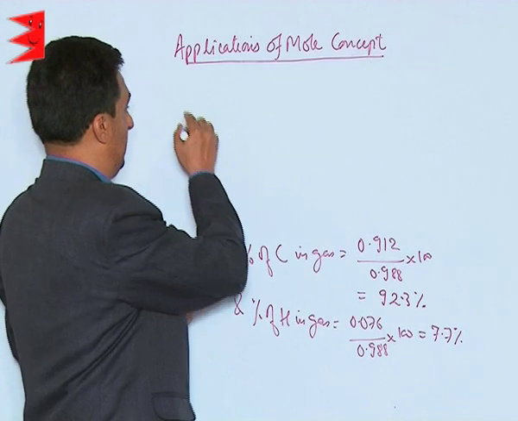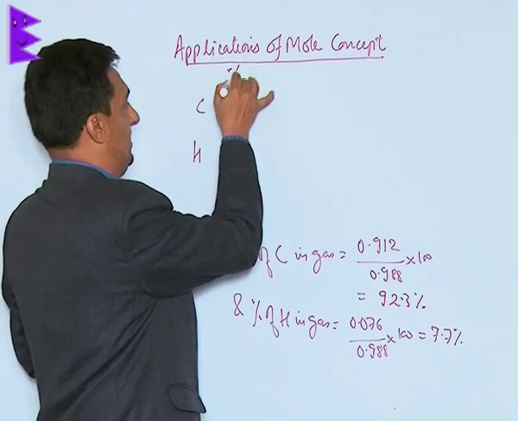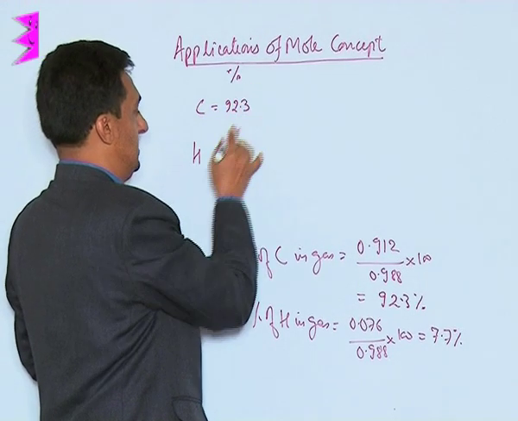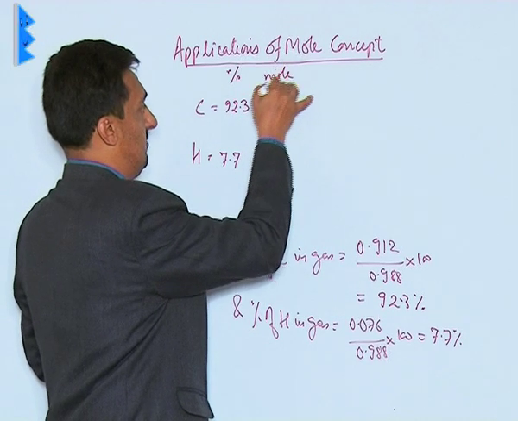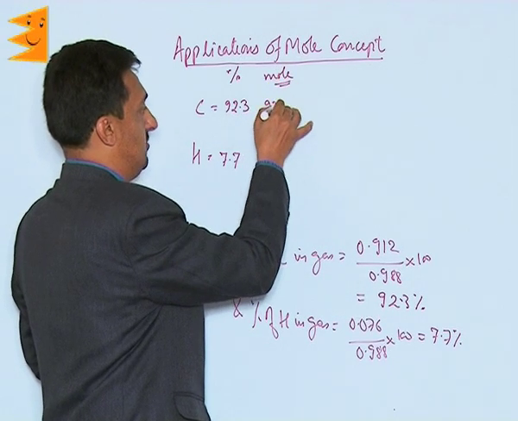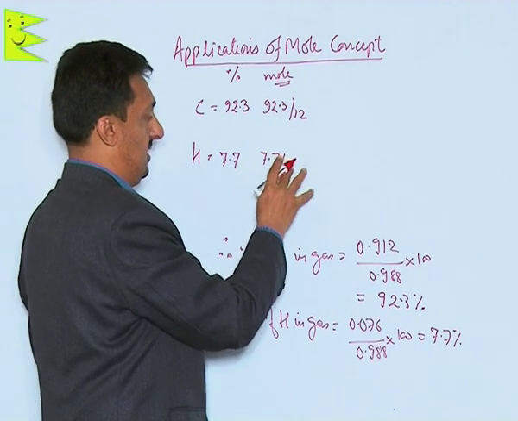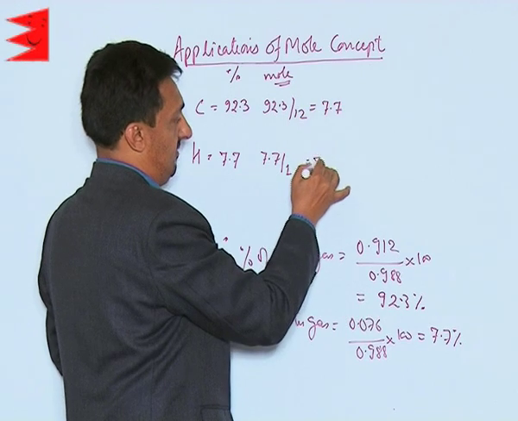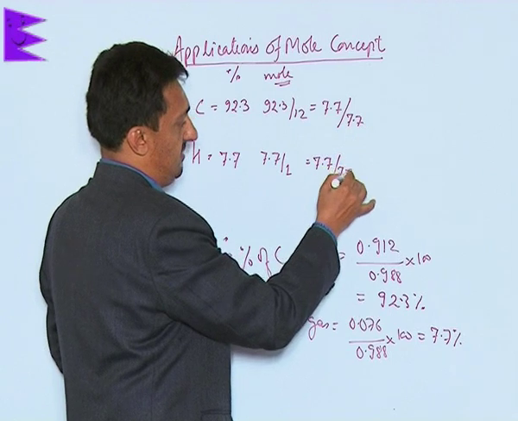Now, once we know the percentage compositions, let us find out the number of moles and then the simplest ratio of carbon and hydrogen in the compound. The ratios are 92.3% and 7.7. How can we find out their number of moles? 92.3 divided by 12, 7.7 divided by 1. This is going to give us 7.7, 7.7. Divide by 7.7, 7.7.